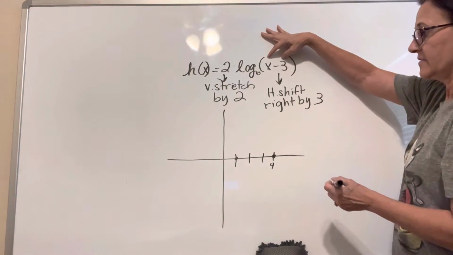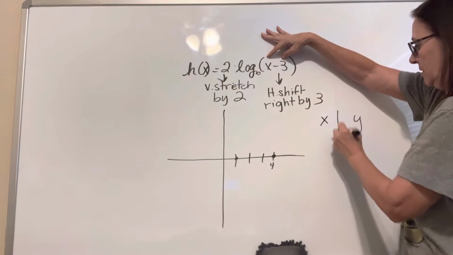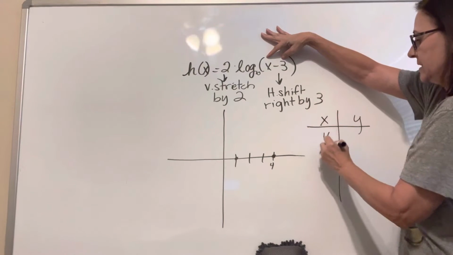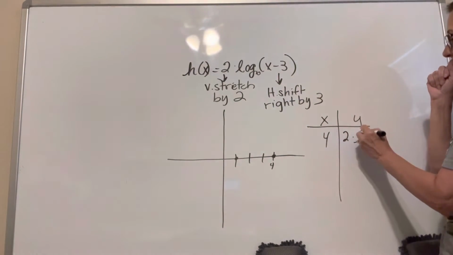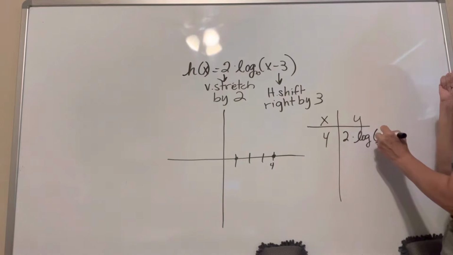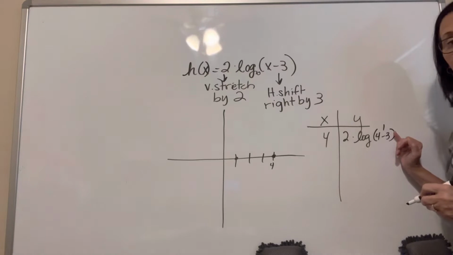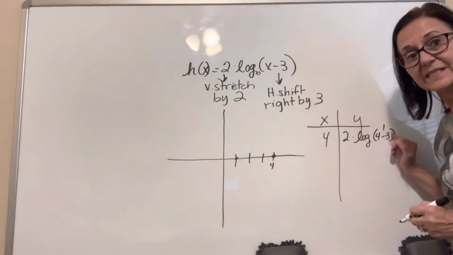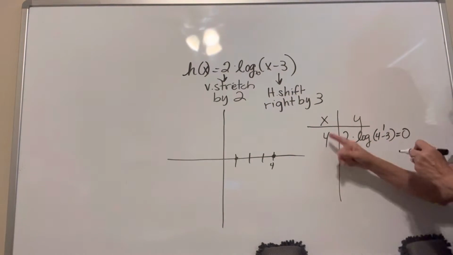So look, when x is 4 here, y is going to be 2 times the log of 4 minus 3. That's 1. Remember, the log of 1 is always 0. So that's 2 times 0. So that's 0. 4, 0.